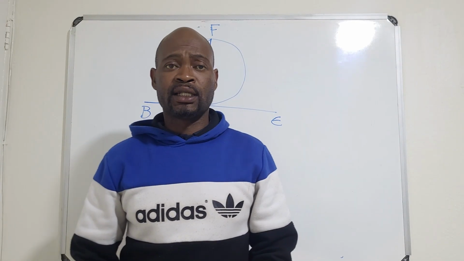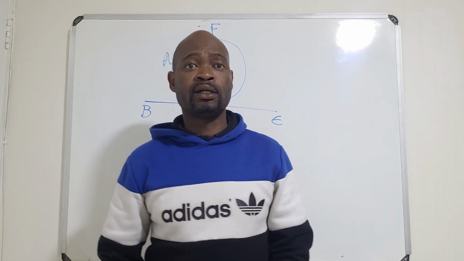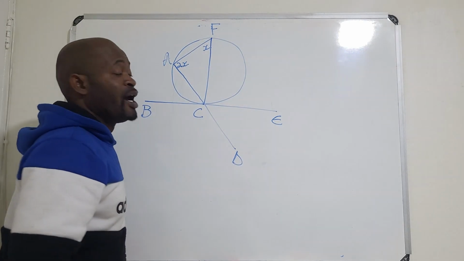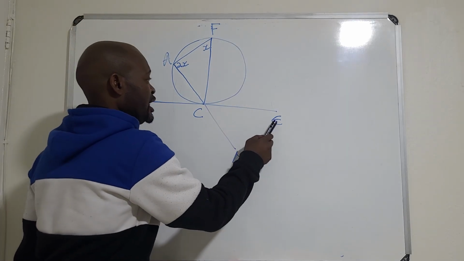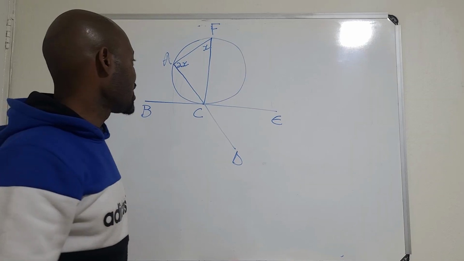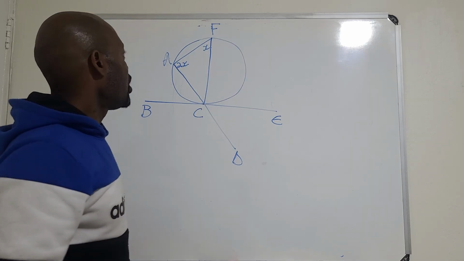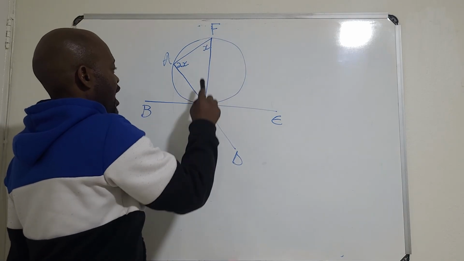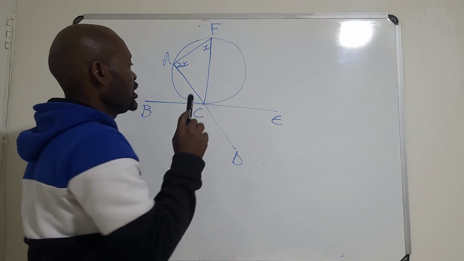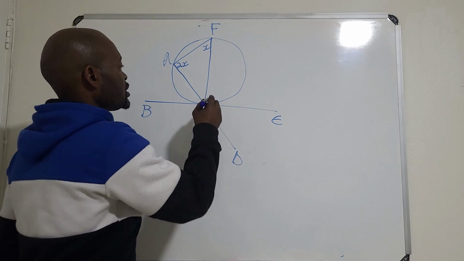Let's look at another example on theorem number 9. Now, in this example, we are told that BCE is a tangent to the circle at C. We are also told that angle FCD is 120 degrees.